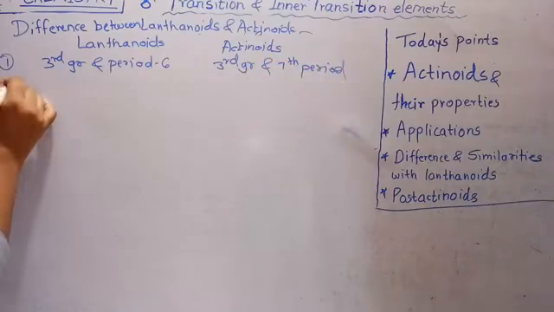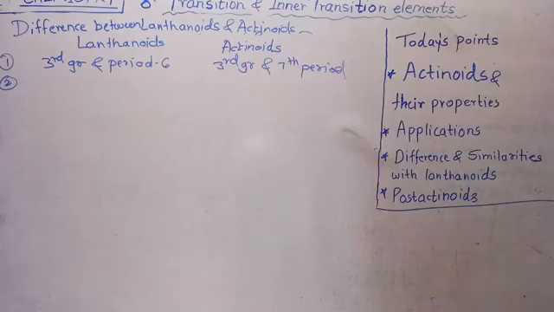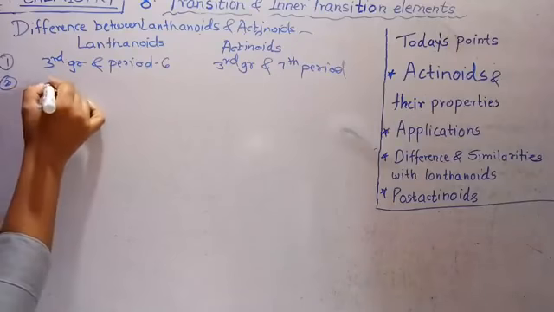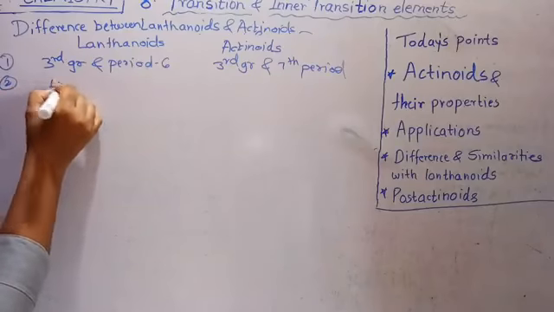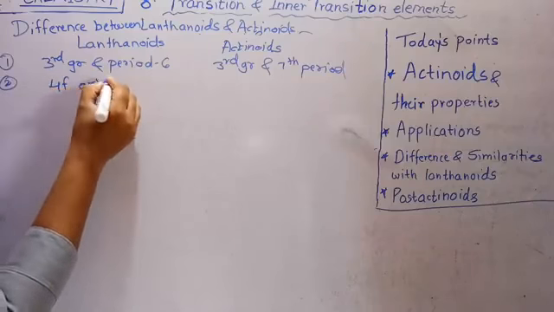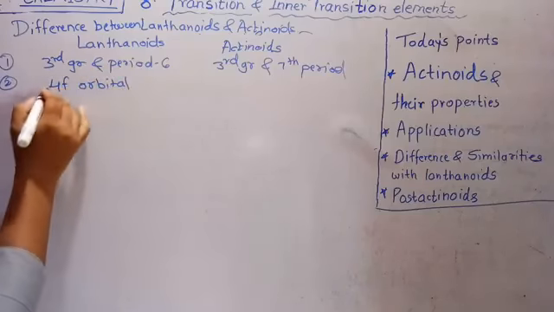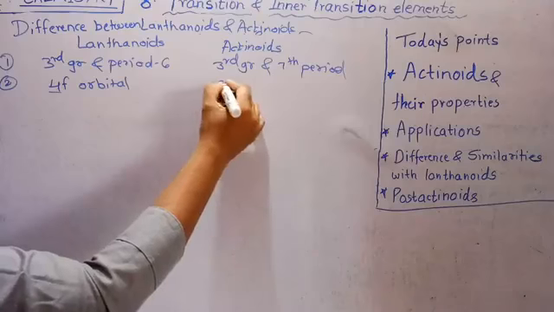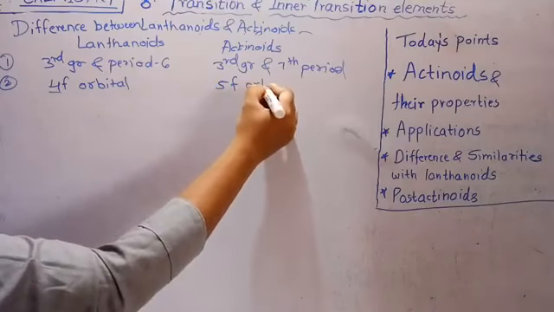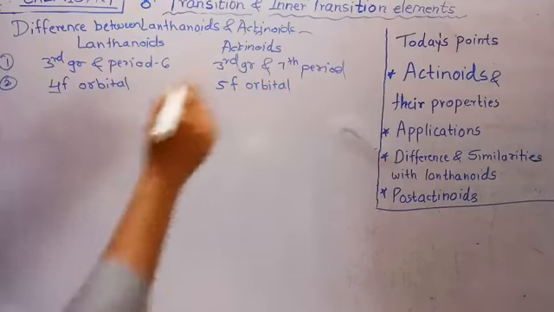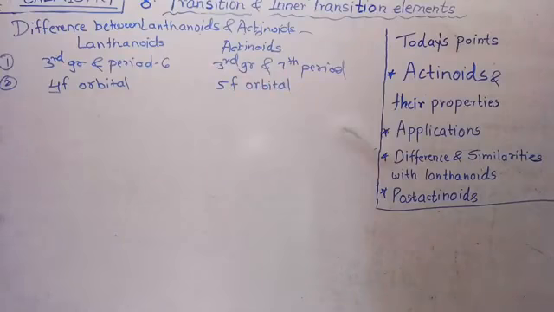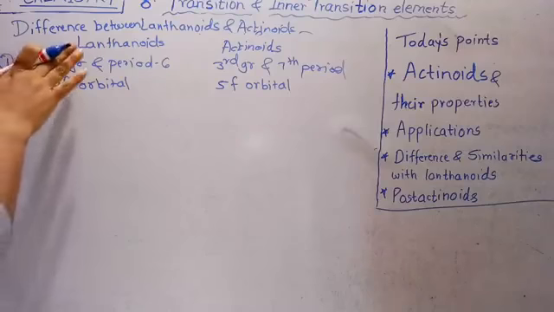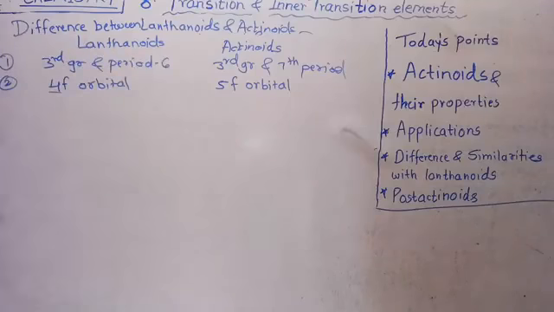Then second difference: for the lanthanoids, the filling of electrons takes place in the 4f orbital, and for actinoids, the valence electrons are present in the 5f orbital. So lanthanoids are called the 4f series elements and actinoids are called the 5f series elements.